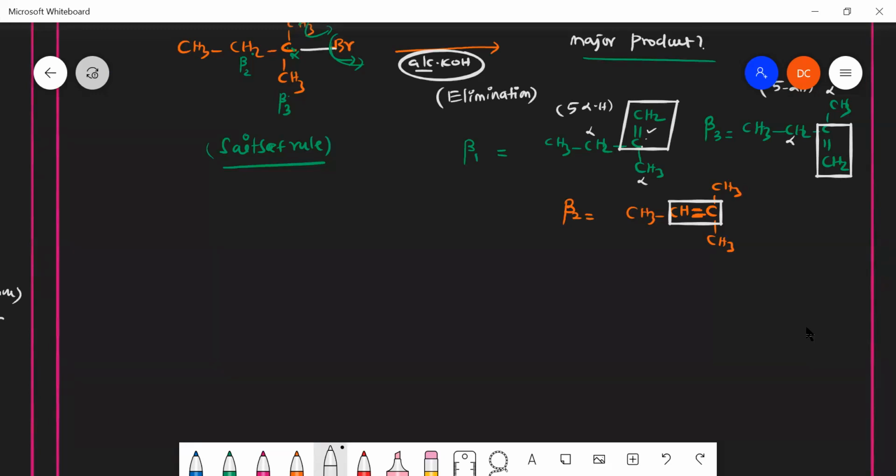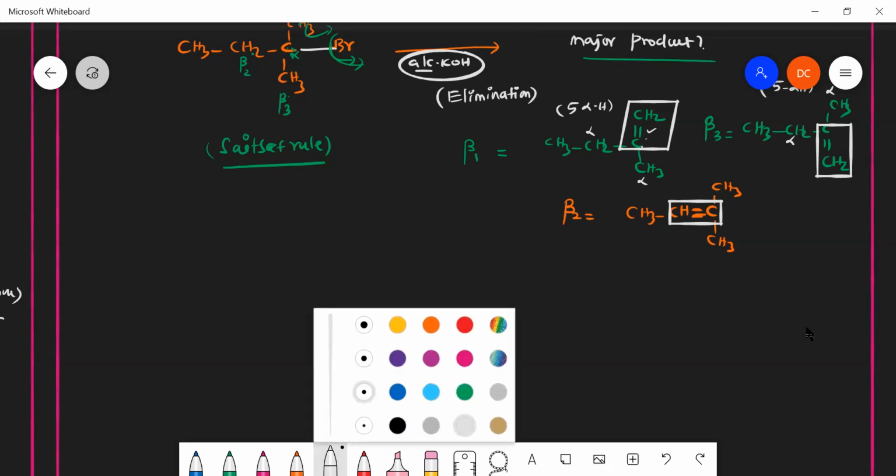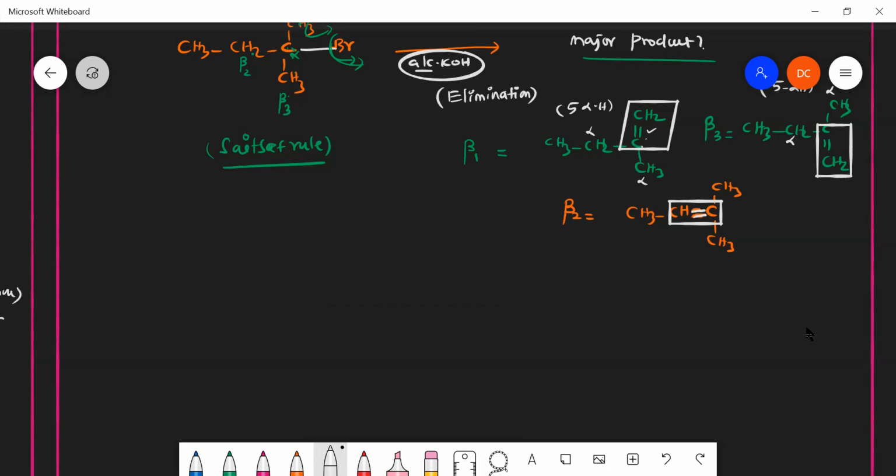How many alpha hydrogens are here? First you find out the alpha carbons, then you can find out the alpha hydrogens. The double bond is the functional group here, so the carbons of the double bond you should not count. The carbons next to the double bond, this is alpha, this is alpha, this is alpha. Each alpha carbon has 3 hydrogen atoms.